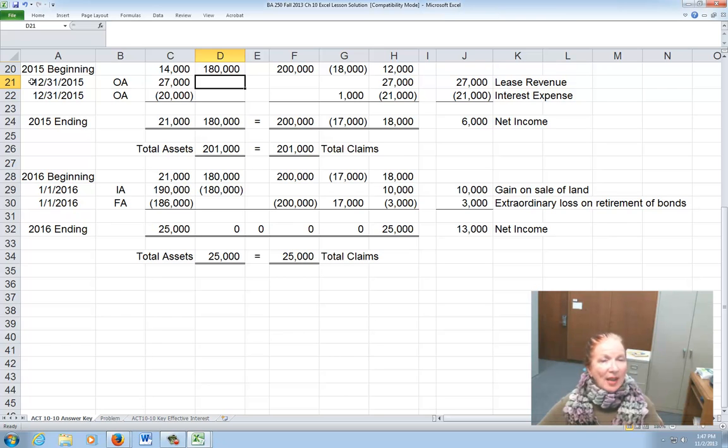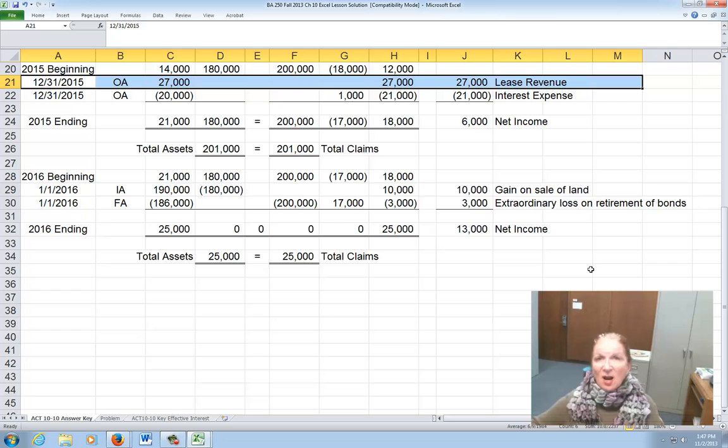And then we have only two transactions, the revenue and the expense. So here is the revenue. It's an operating activity. It's $27,000. Cash goes up by that much. Rental revenue goes up by that much. And that rental revenue will be closed out to the retained earnings. So in the balance sheet, the retained earnings goes up by that much.